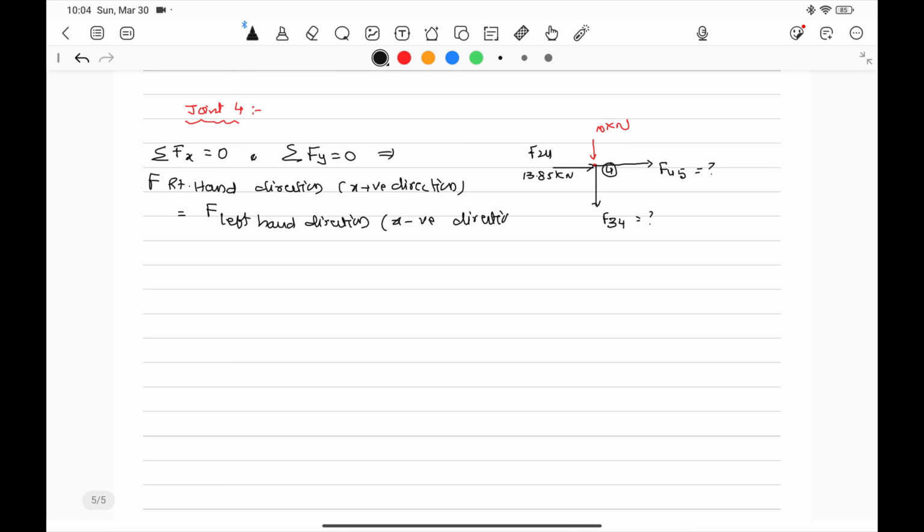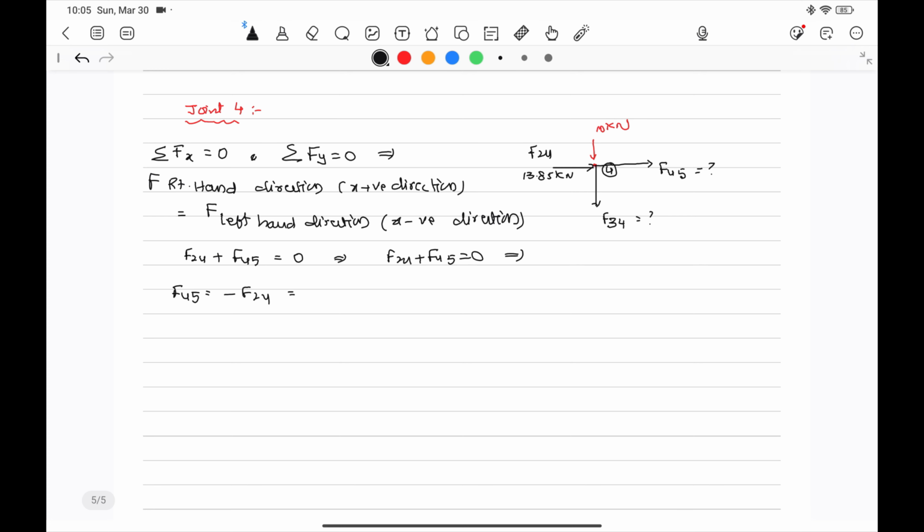Now you just see, in the positive direction, what are there? F24 plus F45, this is the assumed direction, is equal to, in the left direction there are no forces. That implies F24 plus F45 is equal to 0. That means F45 is equal to minus F24.